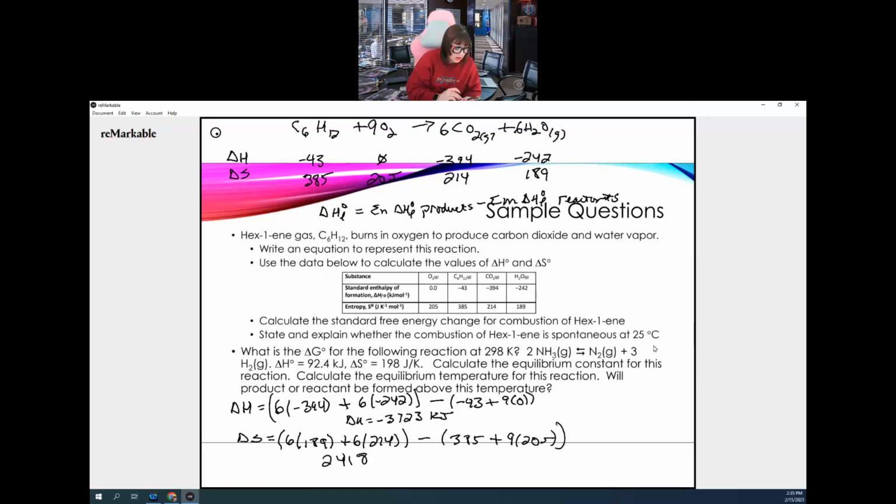And then we have the 385 plus 9 times 205 gives me 2230. So we take our 2418 minus the 2230, and that gives me delta S equals 188, and that's joules rather than kilojoules. So that's joules per Kelvin.